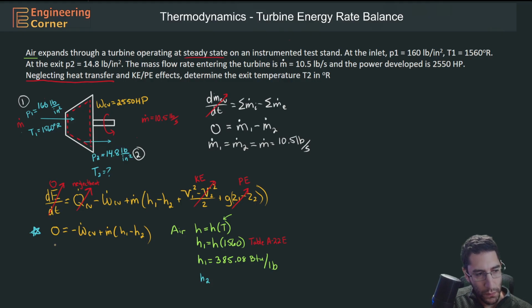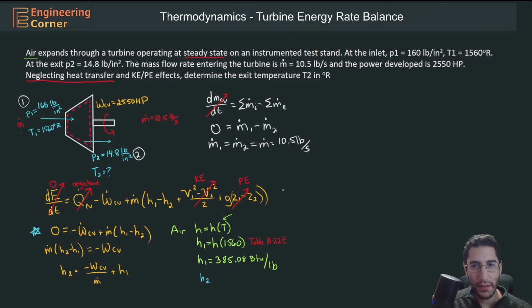Let's do it in 2 steps so I don't make a mistake. We'll have my mass flow rate times H2 minus H1. I move that to the other side of the equation, is equal to minus the work of my control volume. H2 is now equal to the work of my control volume over m dot plus H1.